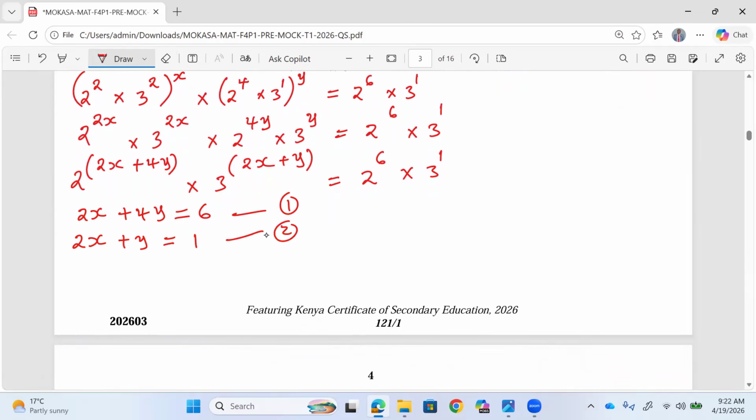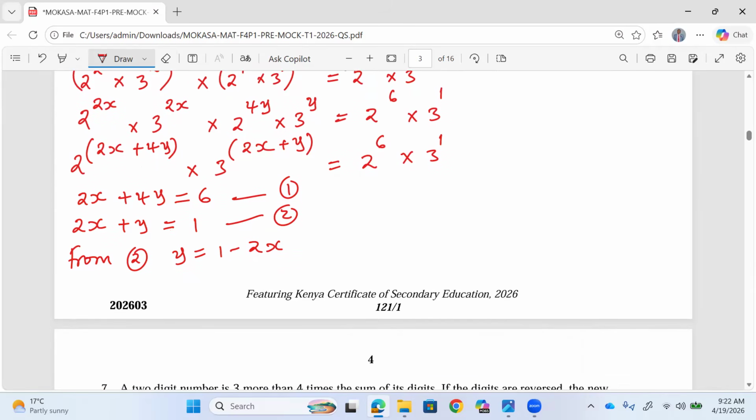Then the powers of 3 from either side can also be equated. We get equation 2. So to solve the two simultaneously, from equation 2, y equals 1 minus 2x. Then we rewrite equation 1, 2x plus 4 into y, so y we substitute, equals 6.